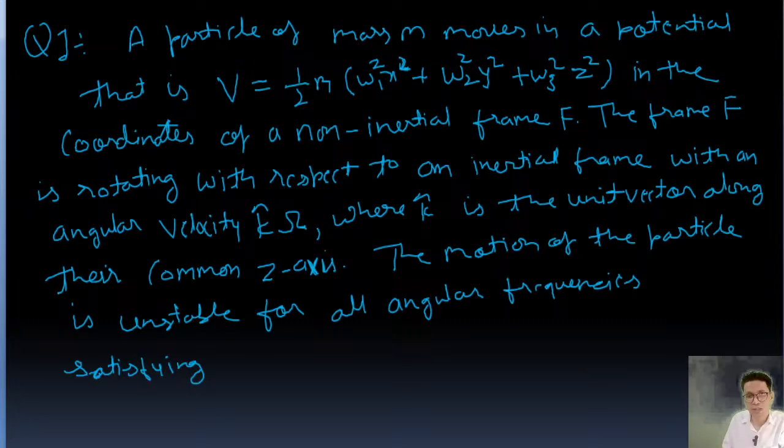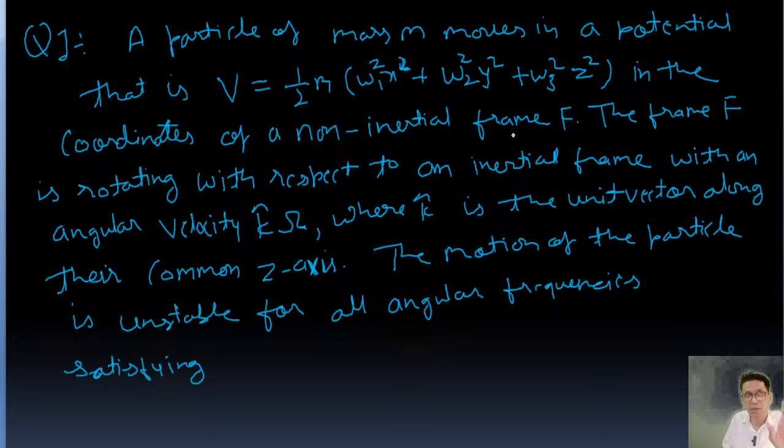So a particle of mass m moves in a potential V equal to half m omega 1 square x square plus omega 2 square y square plus omega 3 square z square, given in the coordinates of non-inertial frame F.